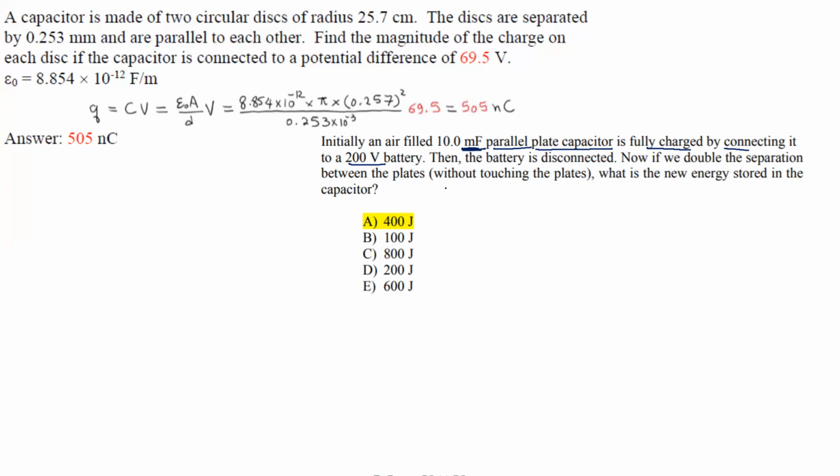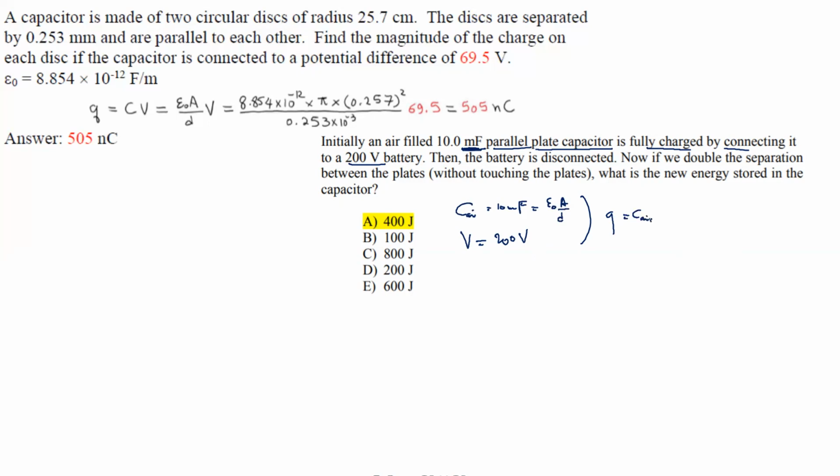So I know C_A is 10 millifarad. It's epsilon naught A divided by D. And I charge it with this 200-volt battery. So what is Q? What is the charge accumulated by this parallel plate capacitor?